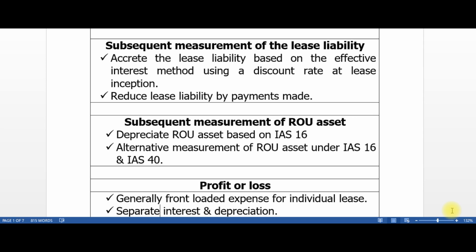The rule is that you depreciate the right of use asset over the shorter of the lease term and the useful life of the asset. So you depreciate over the shorter. Look at the useful life of the right of use asset. Look at the lease term. Depreciate over the shorter.